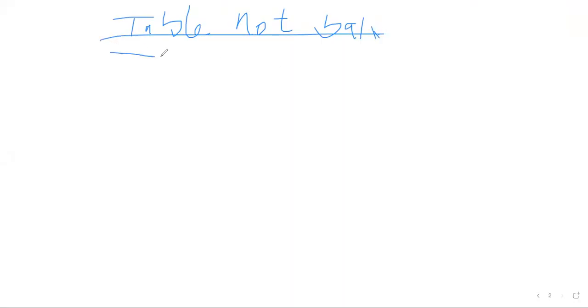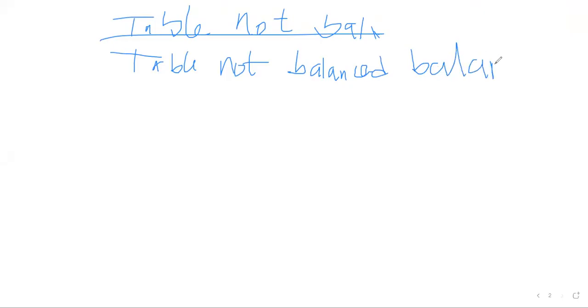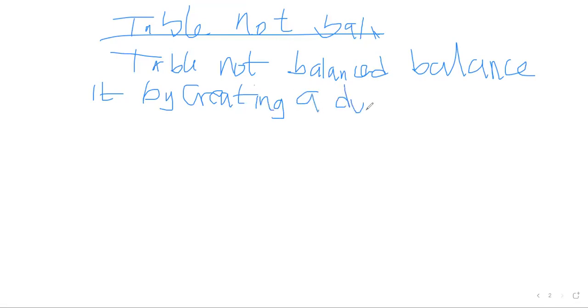So if the table is not balanced, balance it by creating a dummy with 0 values.